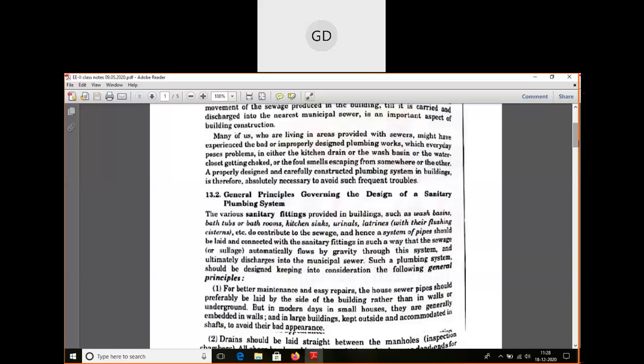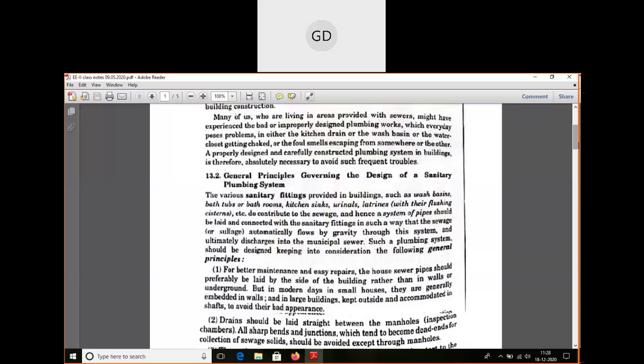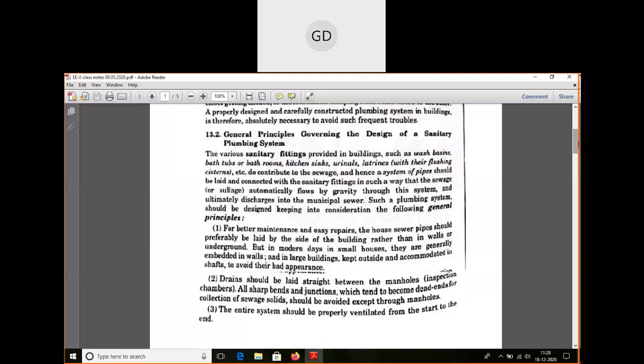The various sanitary fittings provided in buildings are basins, bathtubs or bathrooms, kitchen sinks, and urinals. You have all seen these things. These are the sanitary fittings in every building and house, and they contribute to the sewage. A system of pipes should be laid and connected with the sanitary fittings.